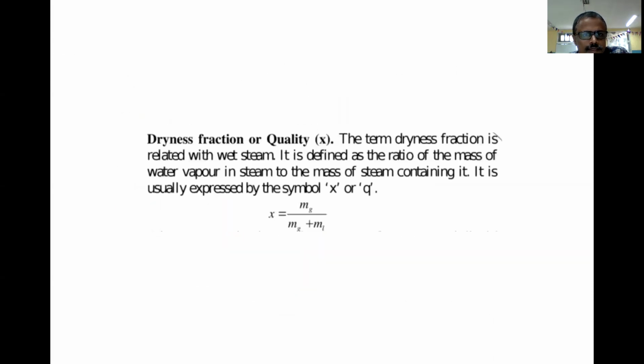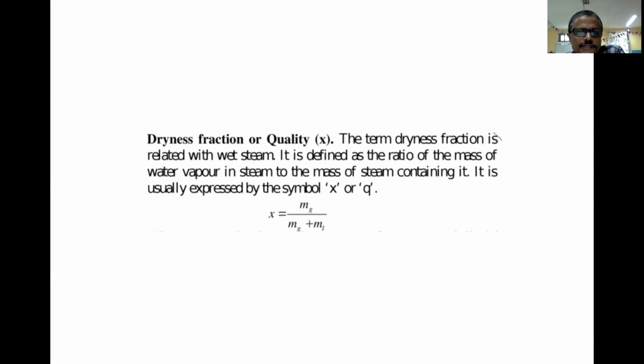Then there is the most important term in our steam technology, that is dryness fraction or quality X. Dryness fraction is a term which will tell you about the quality of the steam.